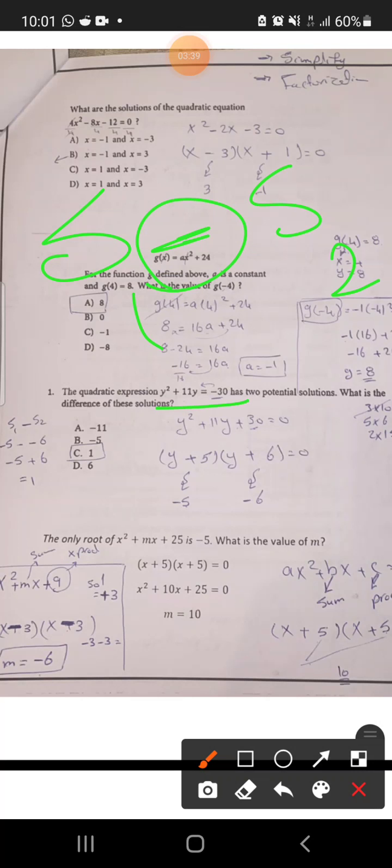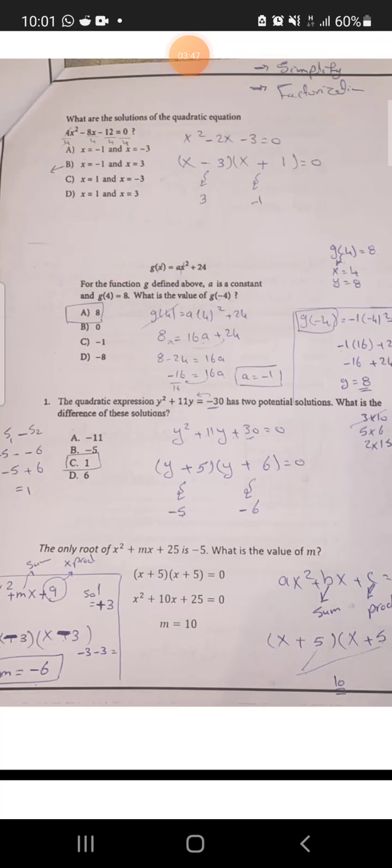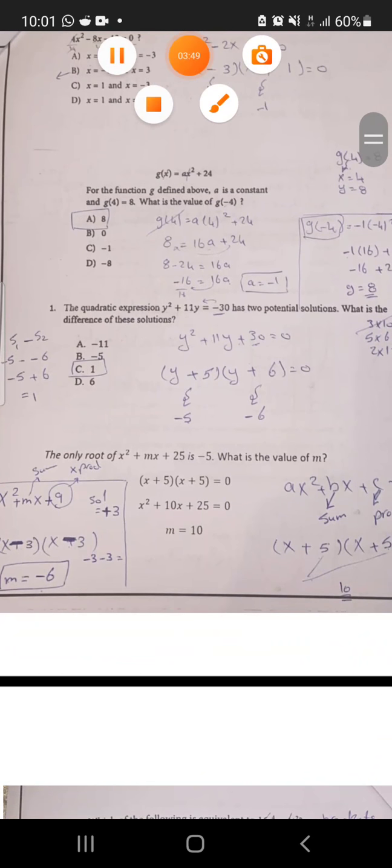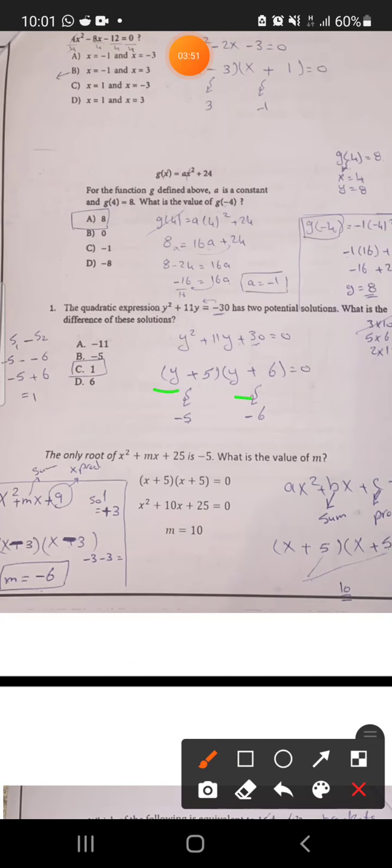Okay, let's solve this question. Can you solve it like this? No. You should send negative 30 to the other side as positive, so the equation equals 0. Then factorize. You have two brackets, y and y. What times what gives you 30? 5 times 6, and adding them gives you 11, right? The sign is positive, so both are the same as the middle, positive and positive.